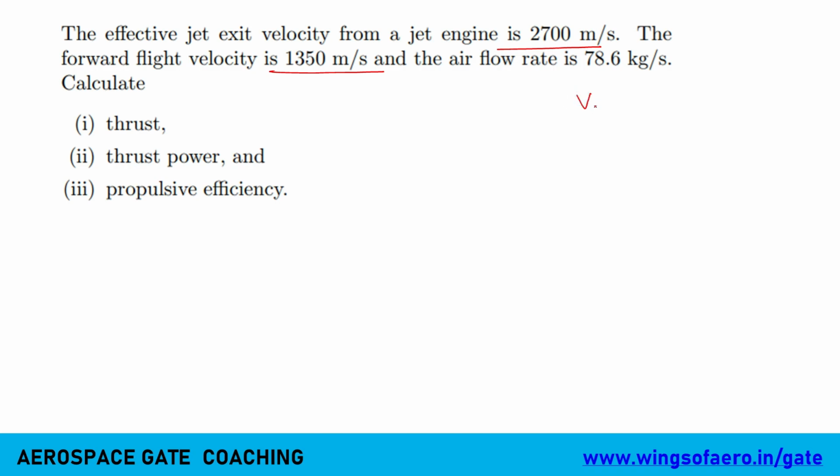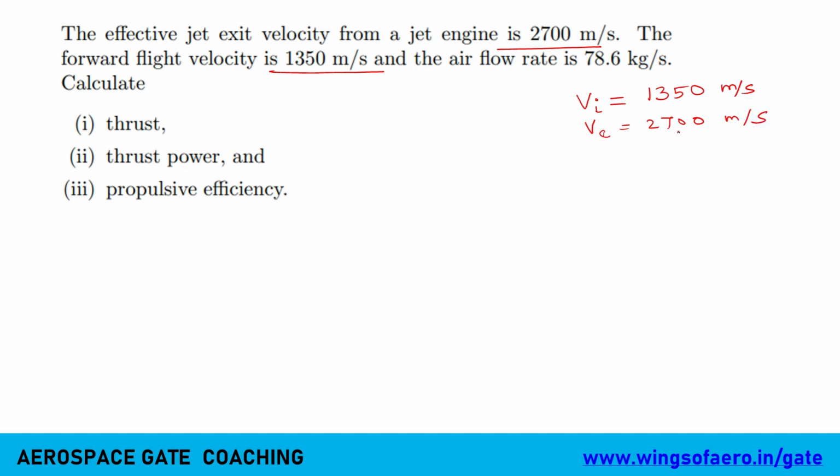VI, that is the inlet forward velocity. Tell me the value. 1350, ma'am, is the forward, and the jet engine exit is 2700 meter per second.